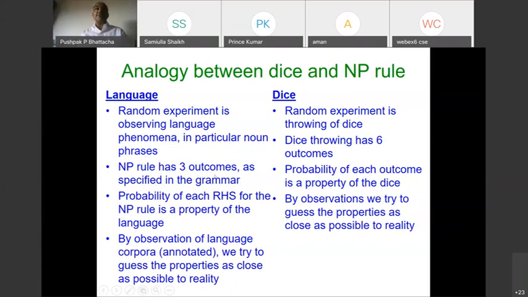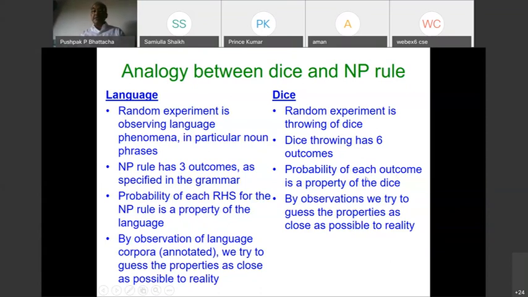The NP rule has 3 outcomes as shown on the screen. Actually, it has many outcomes, as there are many ways noun phrases are composed, but for the purpose of discussion, now the NP rule has 3 outcomes. Dice throwing has 6 outcomes. The probability of each RHS for the NP rule is a property of the language. NP going to DT NN is a property of the language.